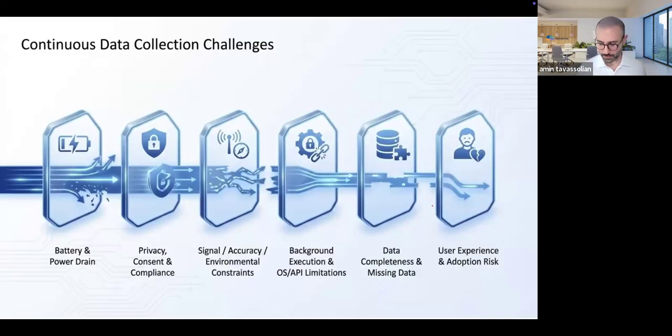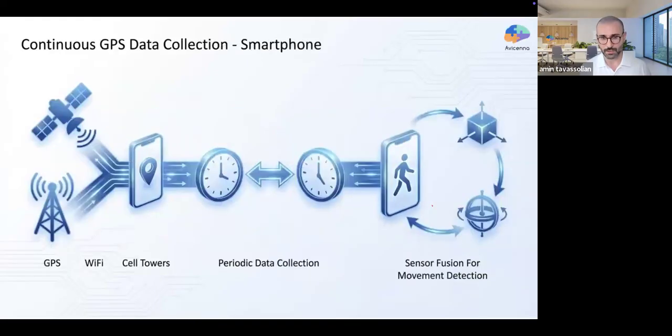They might actually not like to share their GPS data, and collecting GPS data from smartphones is only doable if they grant permission. That's the only way to collect the GPS data.